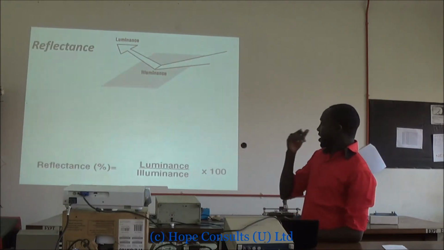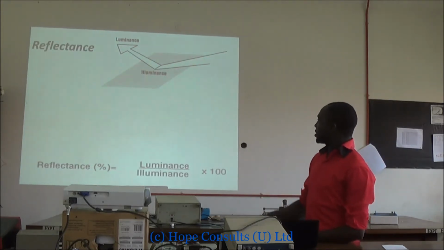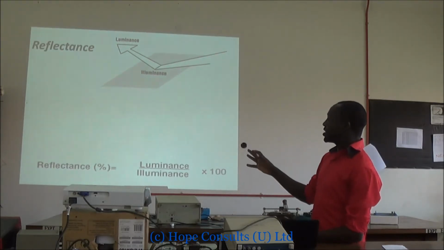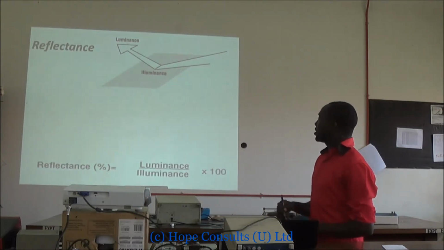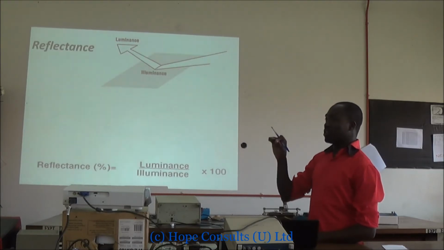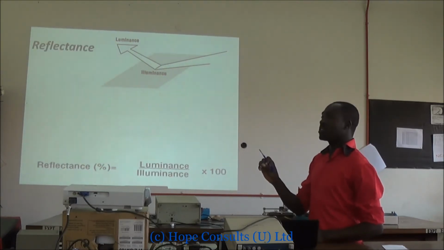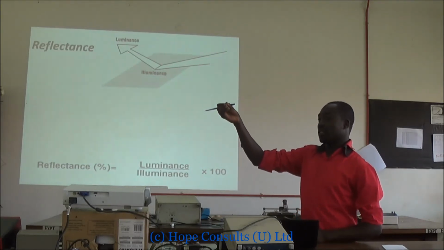We also have reflectance. As you can see, light falls on a surface and is then reflected. The reflectance is expressed as a percentage. You can measure the light falling in with a sensor, this is what is falling on the surface and this is what is leaving the surface.